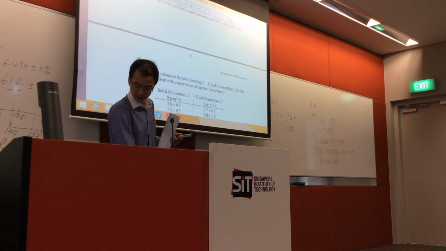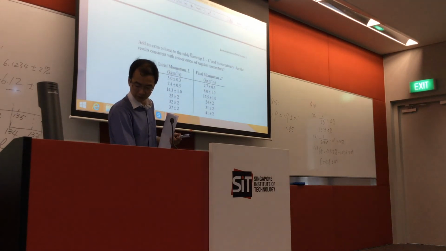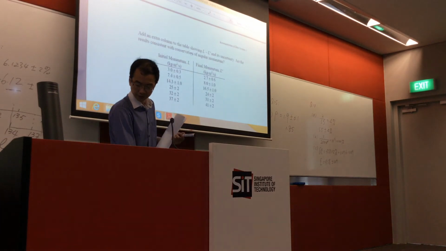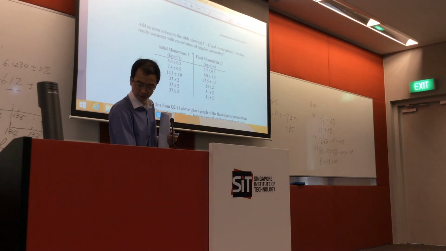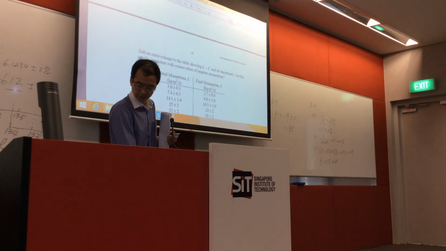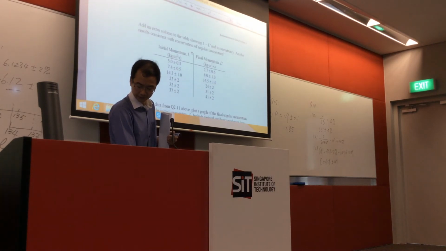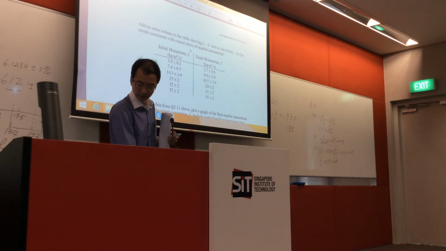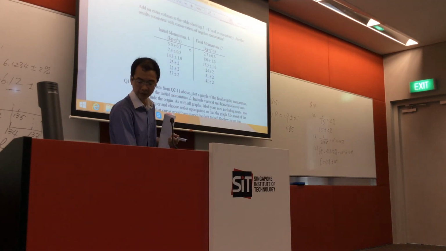The measurement tells you the initial angular momentum and the final angular momentum, and you need to show the result, which is initial minus final.